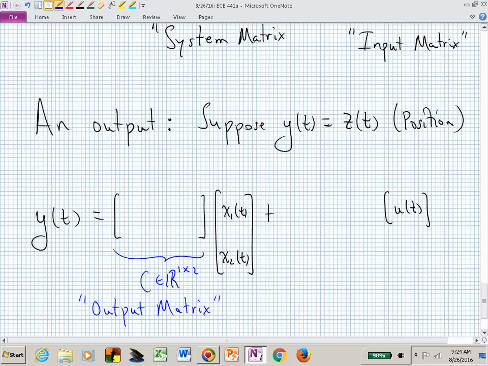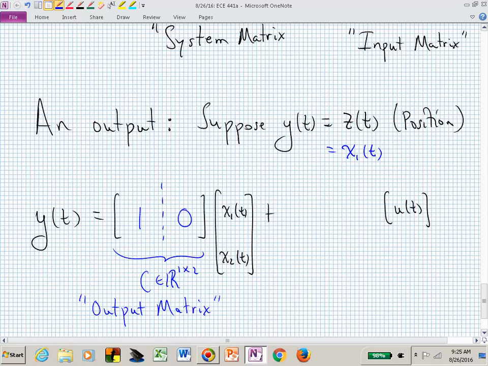It now has 2 entries. And we want Y to eventually be Z, but remember what Z was. Z, in terms of our state variables, we defined to be x sub 1. Now, how do I populate my output matrix C? What's in the 1, 1 position of C? 1. What's in the 1, 2 position? 0.